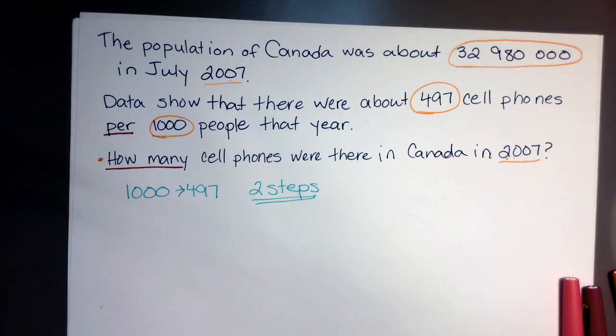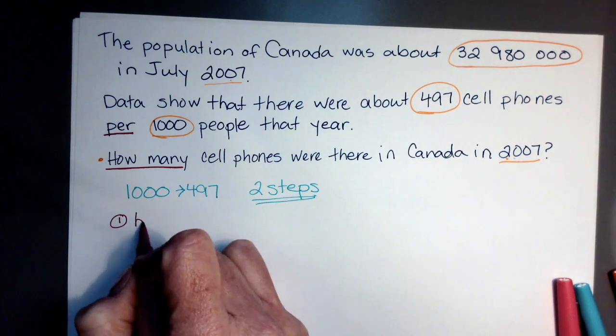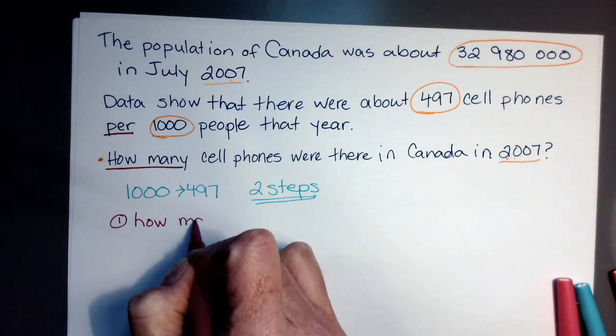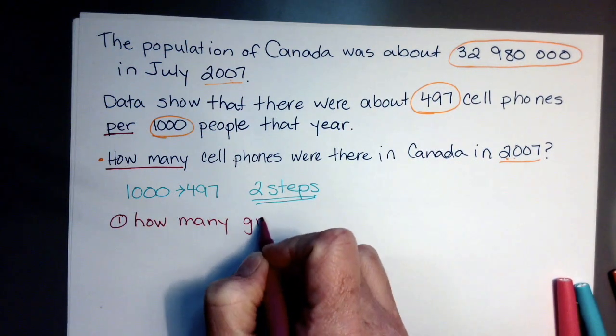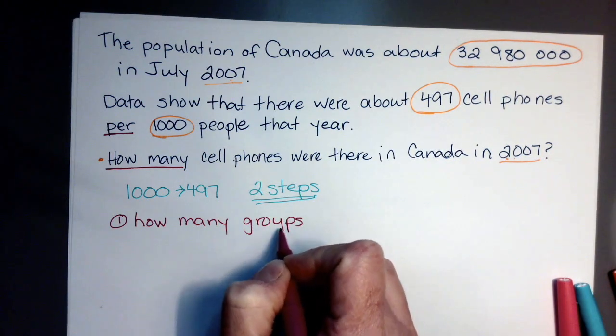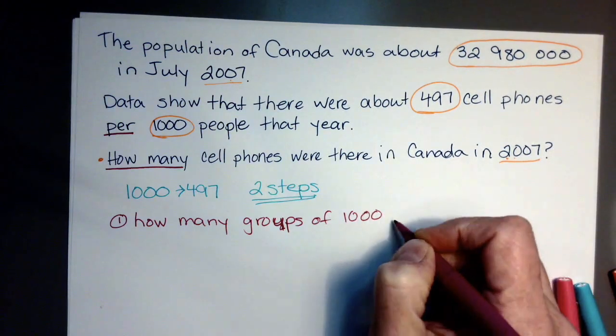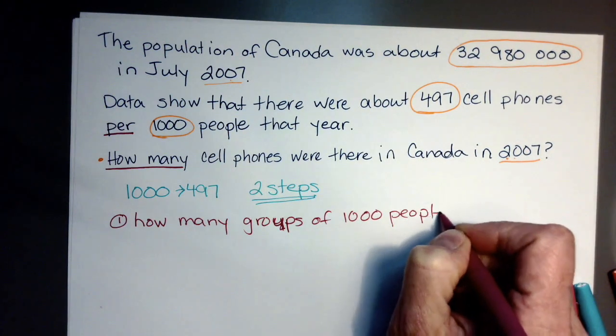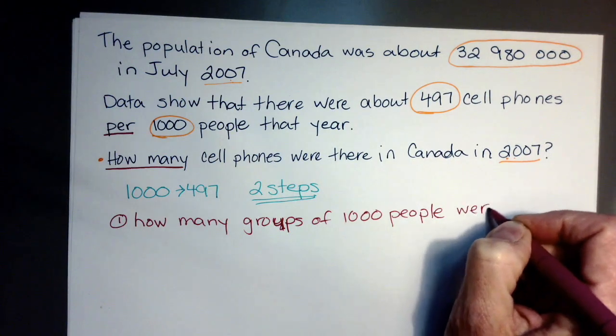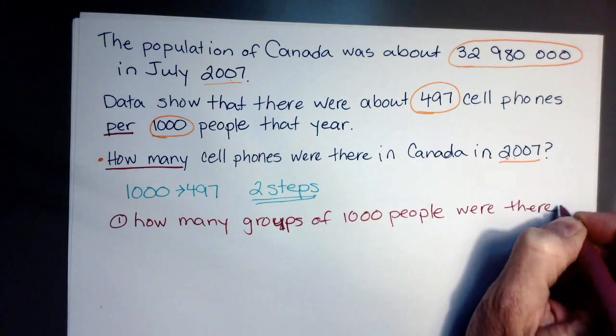So let's look at how we can solve this problem. Well, the first thing we have to figure out, our first step in our 2-step problem, is to find out how many groups of 1,000 people were there in Canada in 2007?